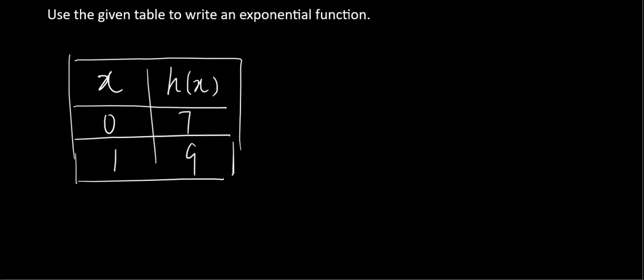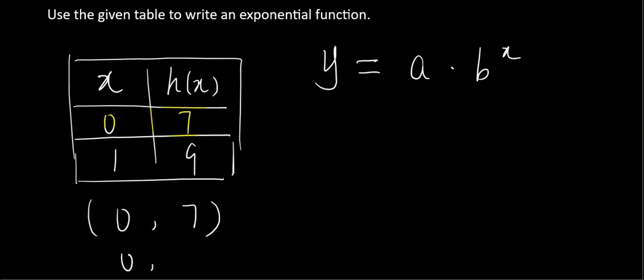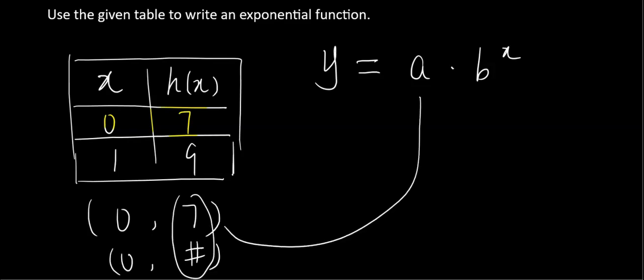All right, welcome back. Let's discuss this one. You want to build a function that looks like this. You figure out a immediately because you see (0, 7). (0, number), this number gives us the initial value. Therefore, we immediately plug in 7.